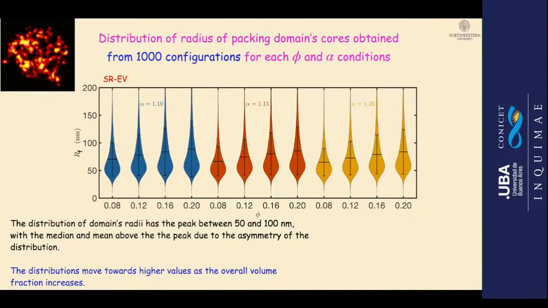we see that the distributions shift to larger radius as the overall volume fraction increases. The majority of the domains have a radius between 50 and 100 nanometers approximately, but the distribution is highly skewed towards larger radius.